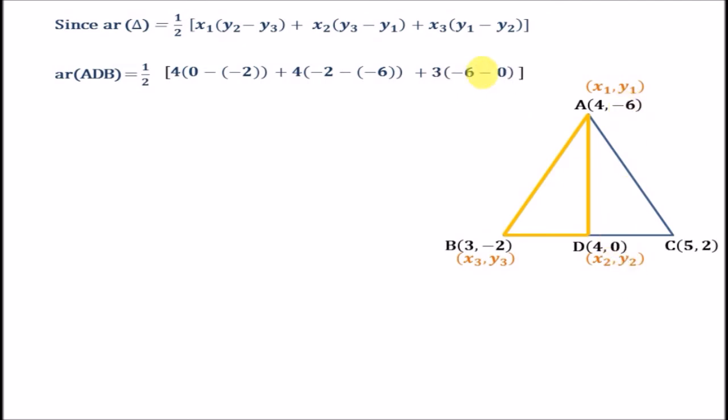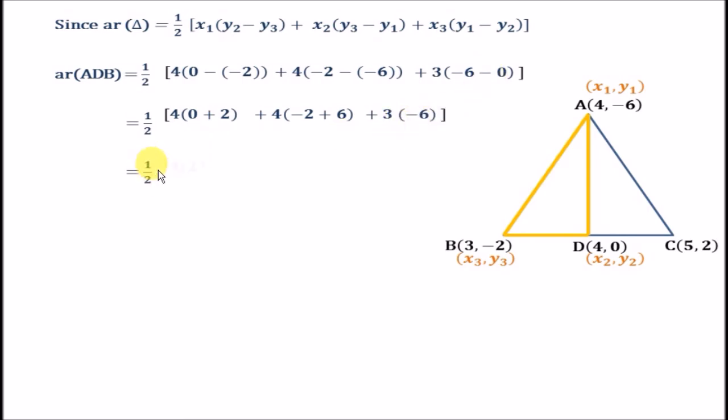Now computing, half into 4, 0 minus into minus plus, so the sign will change, 0 plus 2, plus 4 into -2, minus into minus, the sign will change again, plus 6, plus 3 into -6 minus 0 will give us -6.